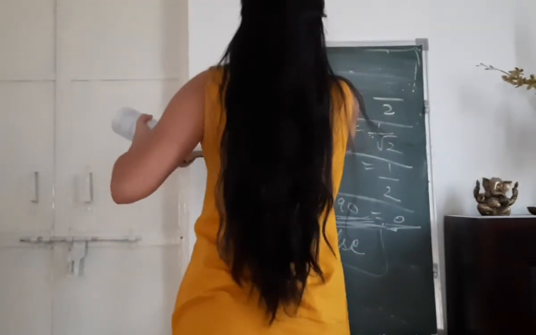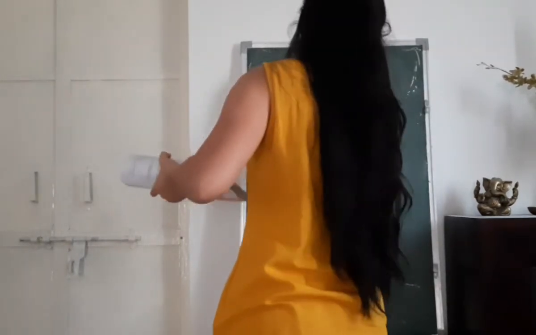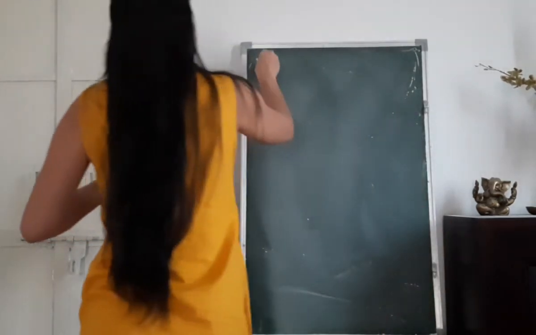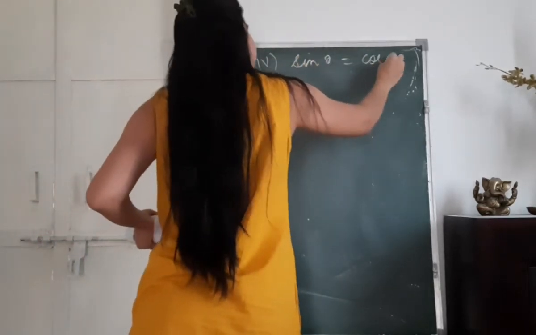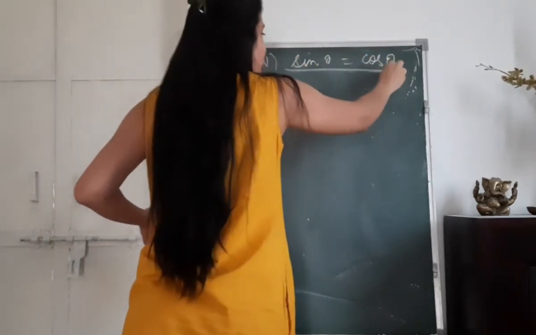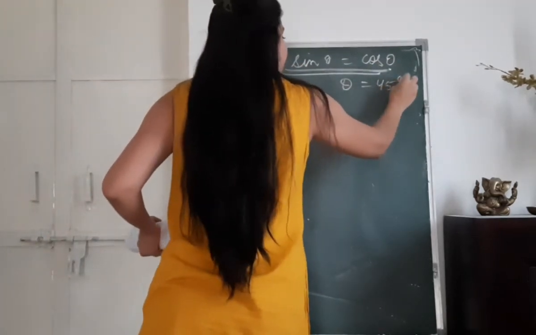Now, the fourth. Sin theta is equal to cos theta for all values of theta. We can clearly see that this is a false statement. Is sin theta equal to cos theta for all values of theta? No. Sin theta is equal to cos theta only when theta is equal to 45 degree.